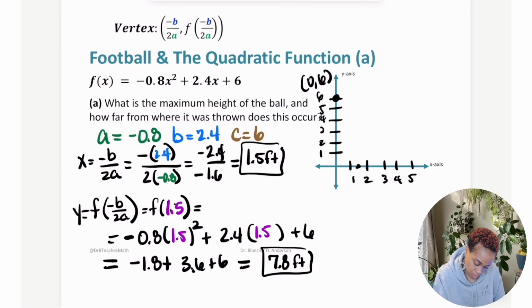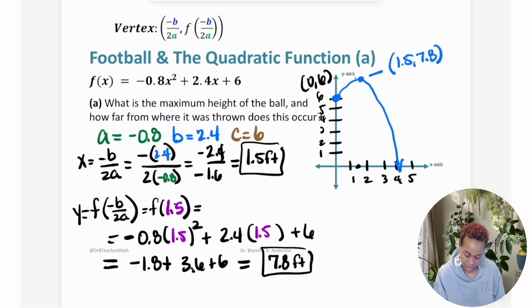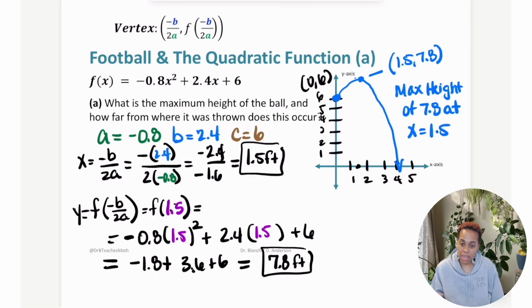So that's about here, at 1.5, 7.8. The ball went up and then was on its way down, I'm assuming. So it had a max height of 7.8 at x equals 1.5.